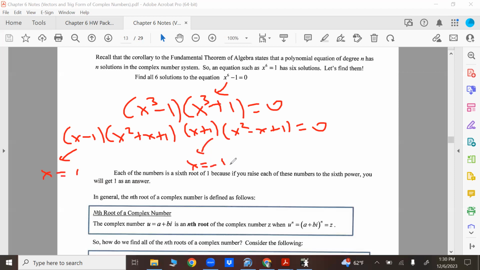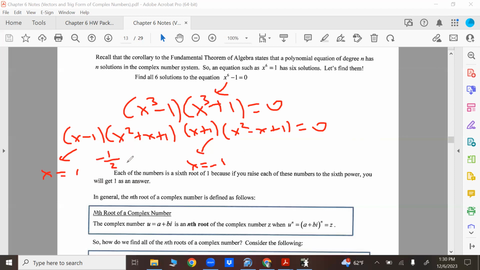And guess what? These two here, if you did the quadratic formula for each of these, will provide imaginary solutions. I think this one is -1/2, if I'm not mistaken.